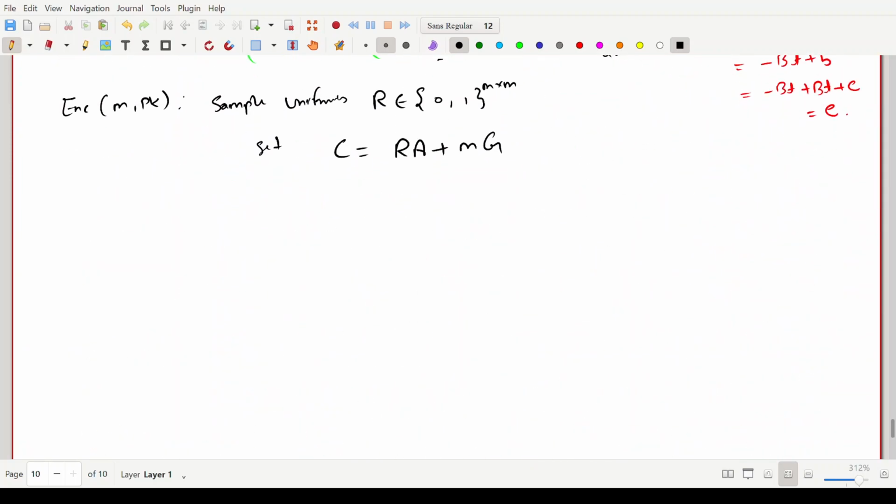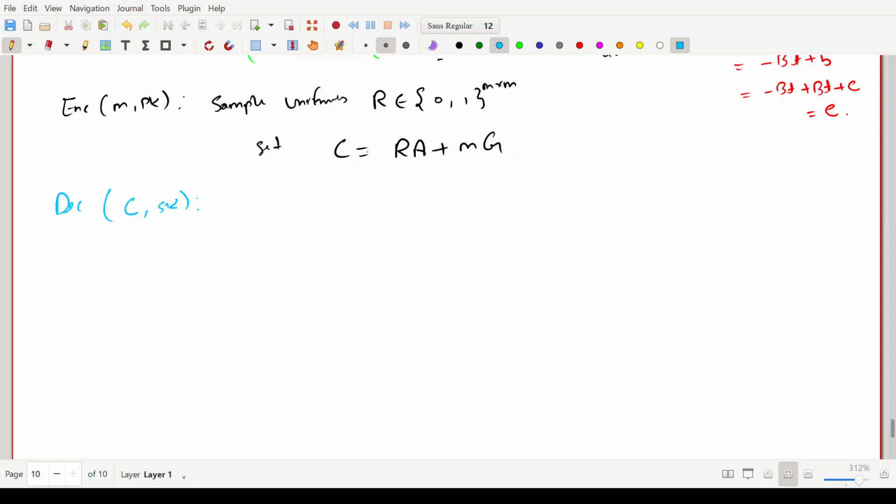This is encryption. And what about decryption? How do we decrypt? For decryption, I need my secret key and the ciphertext. These are the two things required.